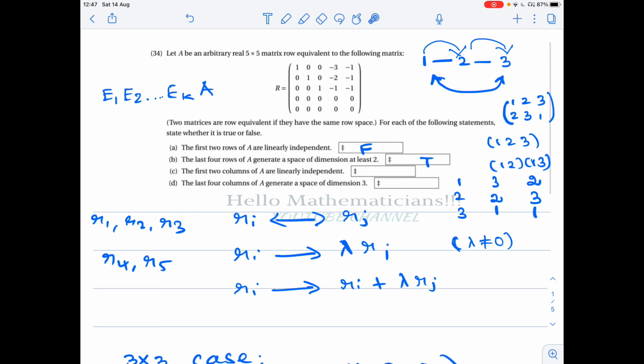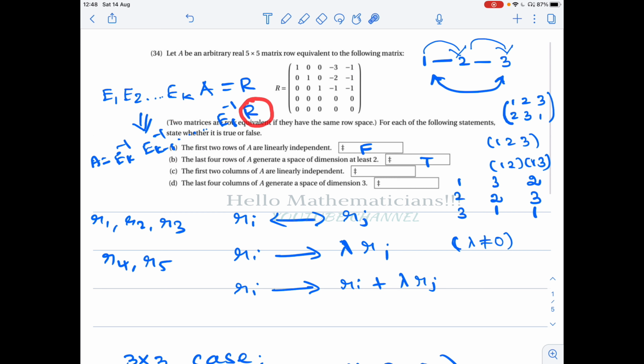So here I multiply k elementary row operations to get the matrix R. Now note that a product of invertible matrices is invertible, so this matrix is invertible. From this you can write A as ek inverse, e(k-1) inverse, and so on, e1 inverse times R.